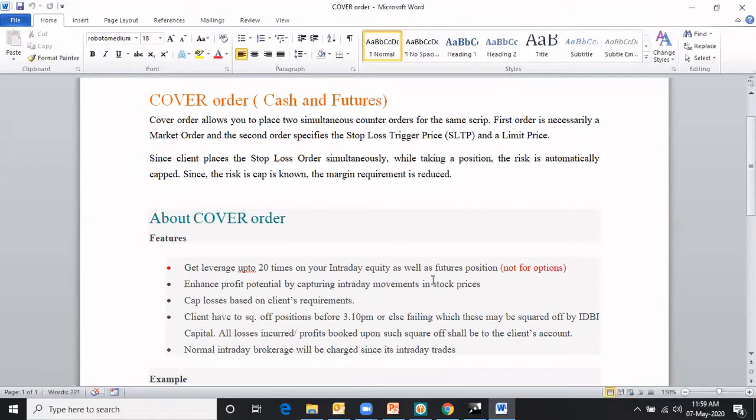In that case, my maximum loss is going to be 5 rupees per unit because that is what is defined by me at the time of placing the order. Then my exposure can be considered accordingly. So IDBI Capital might give me an exposure up to say 15-16 times because I am losing only 5 rupees per trade. So I can buy around say 15-18 quantity.